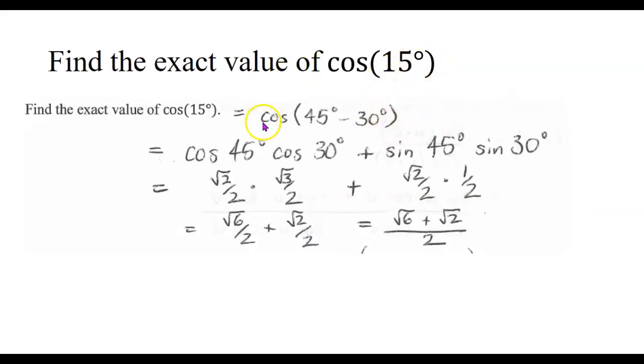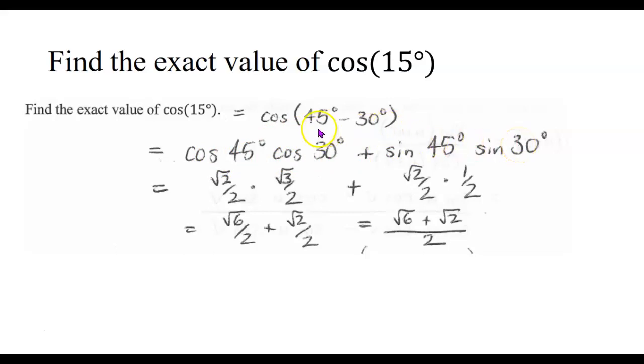The cosine of 15 degrees, for example, well, 15 degrees would be 45 degrees minus 30 degrees. And those are two angles that we do know something about. So we can use the formula for cosine of u minus v is equal to the cosine of u times the cosine of v plus the sine of u times the sine of v.